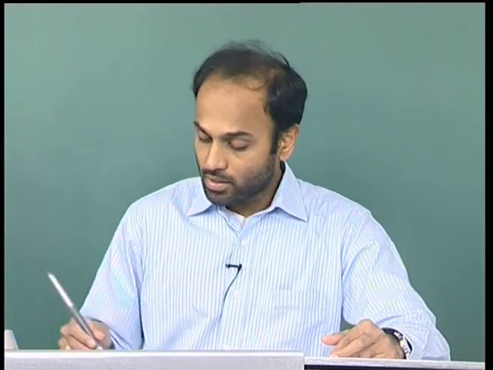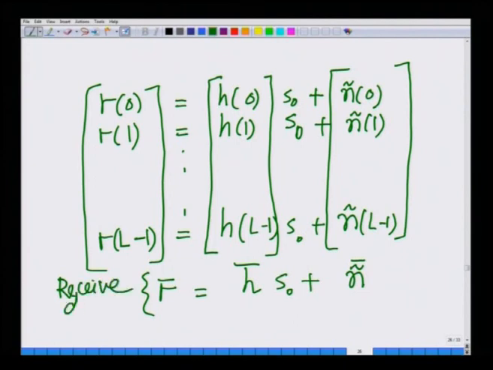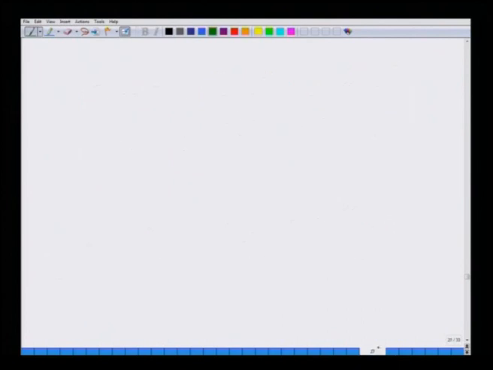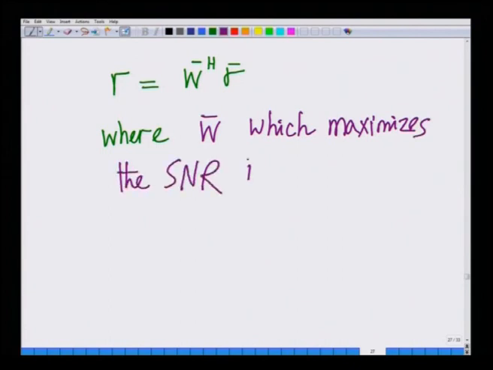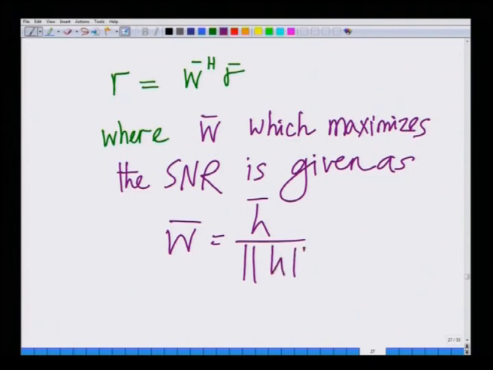So, this is the receive diversity in a CDMA system, and the optimal combined statistic R is generated as W bar Hermitian R bar, where W bar, which maximizes the SNR, is given as W bar equals H bar divided by norm H.